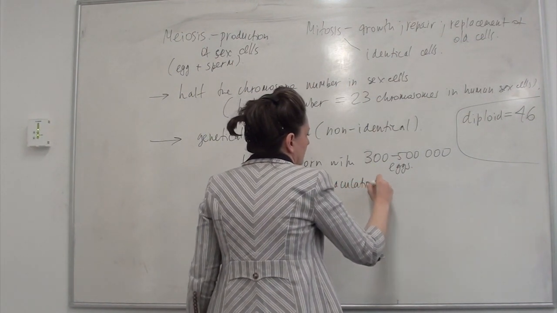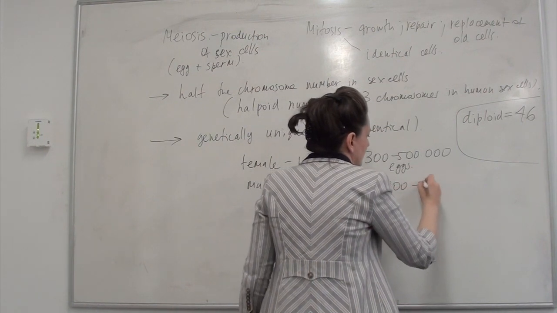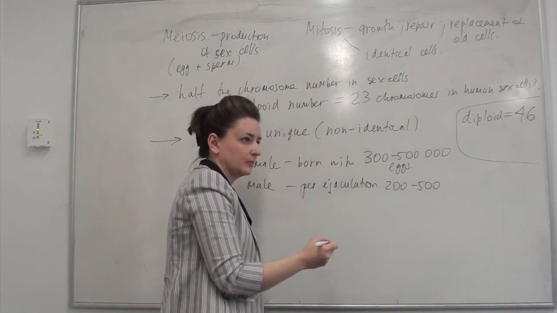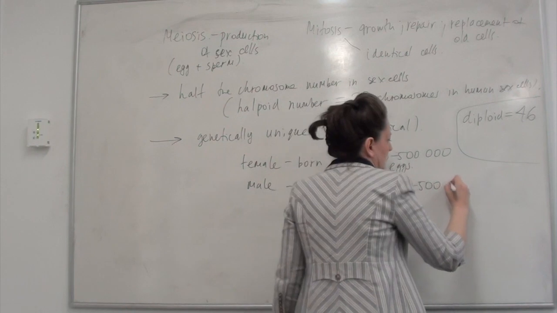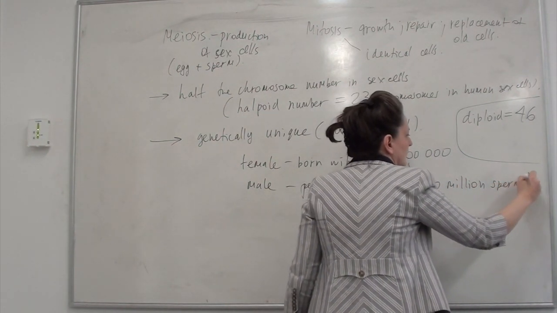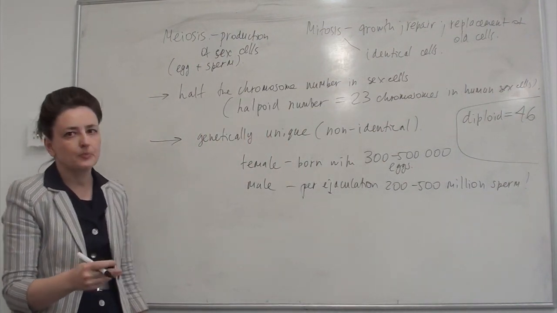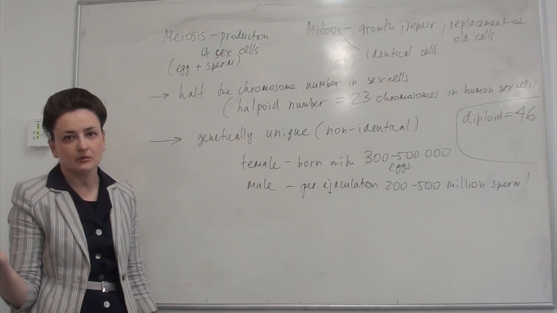That's a lot of sperm. So per ejaculation, between 200 to 500, not thousands, you remember, but million. That's what you like to talk about. So this is per go, as we said.